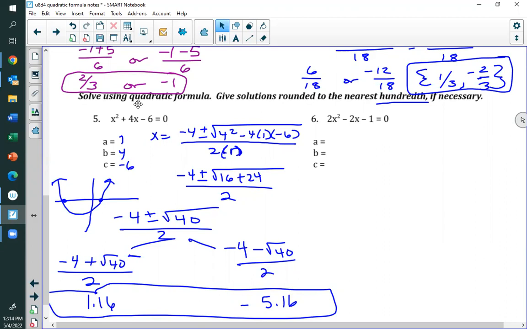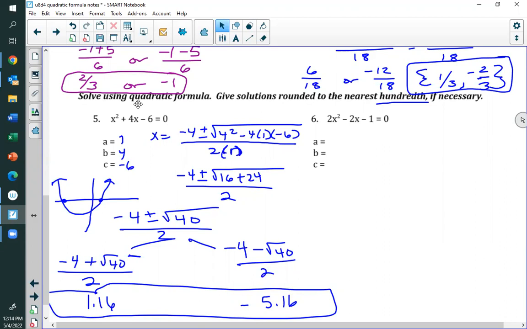If you were going to type this into the calculator, I do 4 first, and I tell it I want it to be negative. I'm going to say minus the square root of 40. So on this calculator, I have to tell it 40, take the square root. I then say equals because that was just the square root. So that's my numerator.